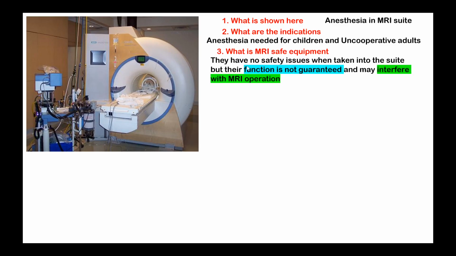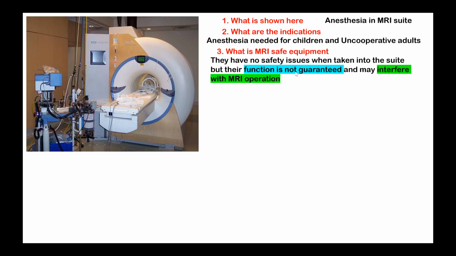So MRI safe equipment have no safety issues, that is, they will not be attracted by the magnetic field and will not be sucked in or drawn towards it. So there are no safety issues when taken into the suite, but their function is not guaranteed.